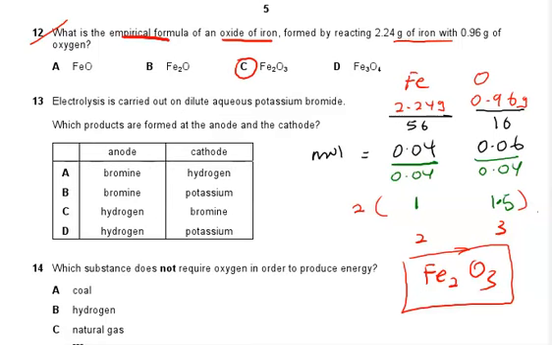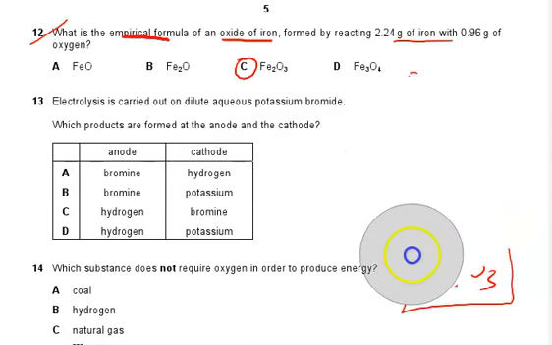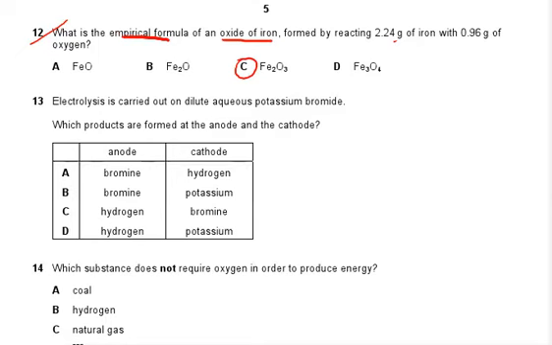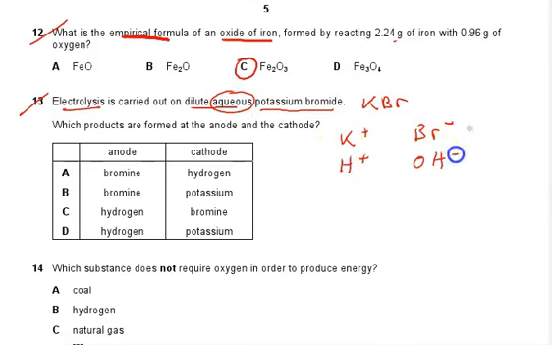Now let us look at question number 13. Electrolysis is carried out on a dilute aqueous potassium bromide. Potassium is positive, bromide is negative, and this is aqueous. Aqueous you will have water, so hydrogen and hydroxide.